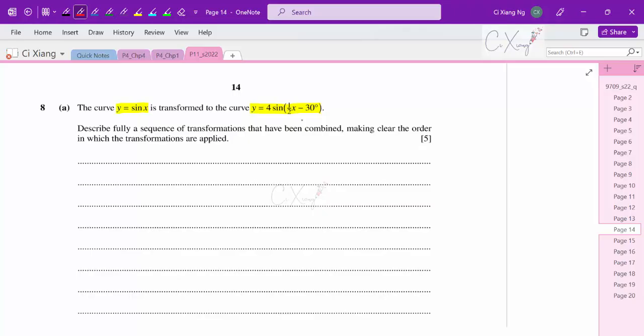Alright, if we have transformations in x and y together, the order doesn't matter. But for this one, it is quite clear that in the x direction we have two different transformations. One is the translation, another one is the stretch. For anything inside the bracket, inside the basic function sine x, the sequence should be in the opposite order.